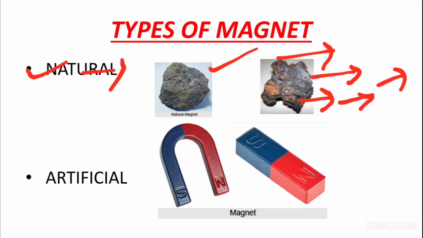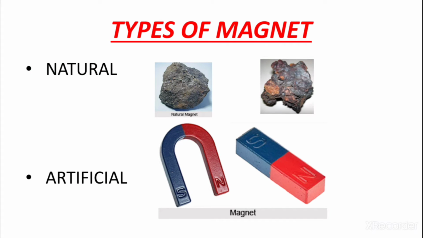The second one is the artificial magnet. The artificial magnet is a magnet made by humans using certain magnetic material. These are two shapes of artificial magnet, the horseshoe magnet and the bar magnet, and there are other shapes of artificial magnet as well. The magnets we use for daily purposes are artificial magnets only, because they are very flexible and can be used for different purposes.